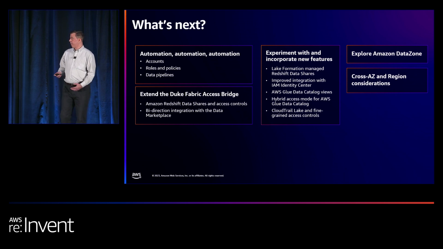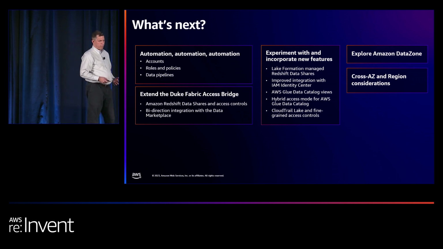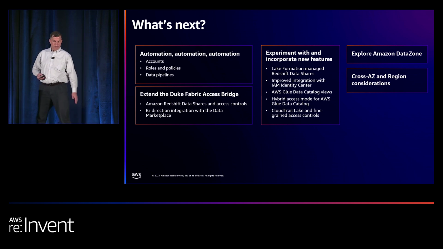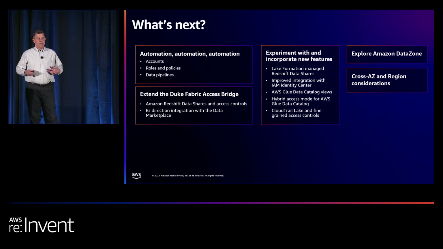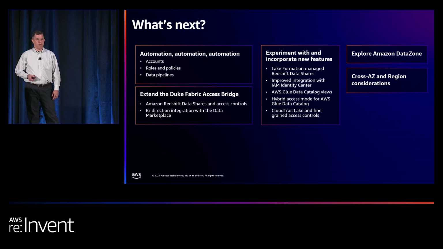We also want to take a look at Amazon DataZone. Could DataZone do all that we're doing in our custom implementation, or do we want to continue to pursue our own custom implementation? And then let's explore the cross-availability zone and region considerations to have a high availability, reliable and resilient platform. And with that, I will turn it back over to Leon to close us out.